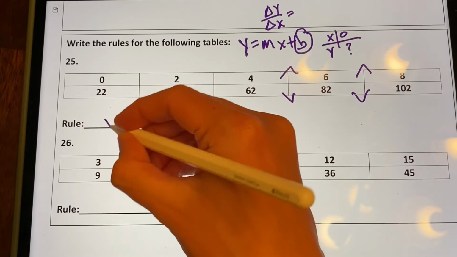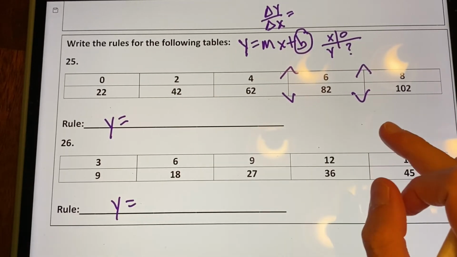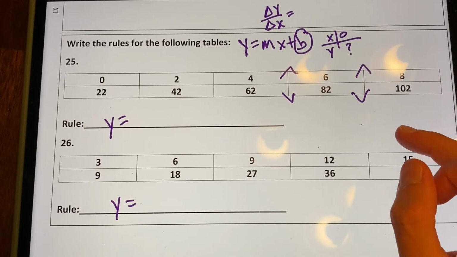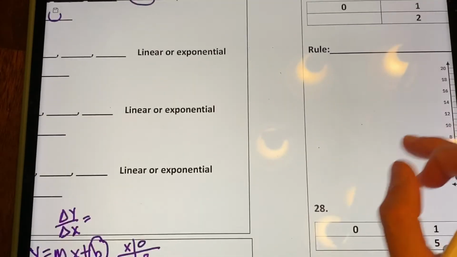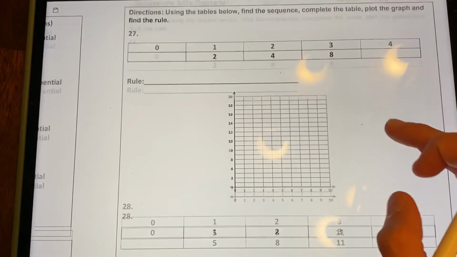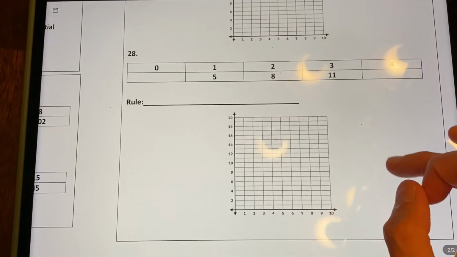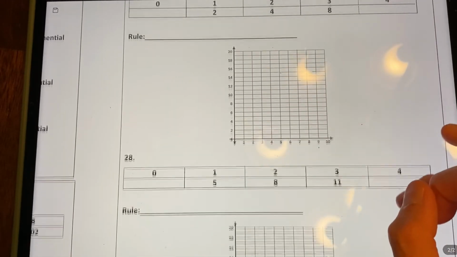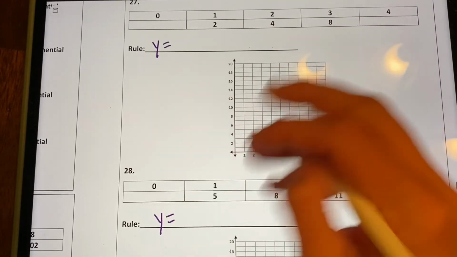And again, this should be a y equals equation and a y equals equation, and they're both linear. So they're both going to be y equals mx plus b. There will be no exponentials in this section. Okay, last one is just like that little mini quiz we did yesterday. One of these will be linear, one of these will be exponential, okay, between these two. So they're both going to be a y equals equation.